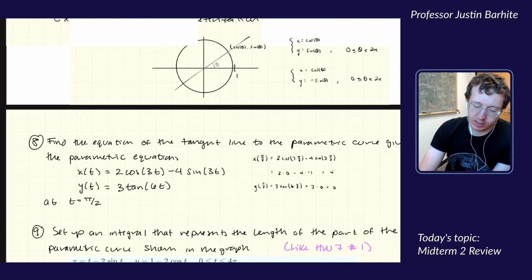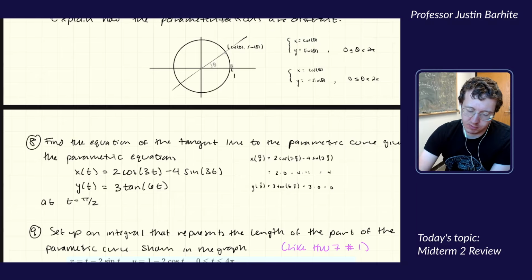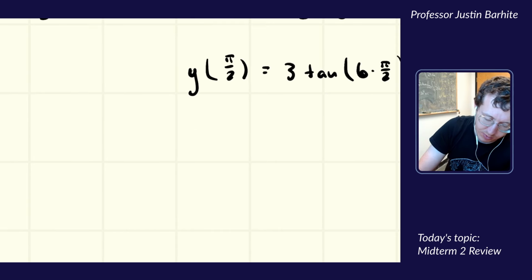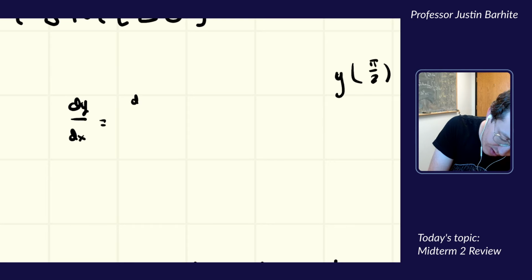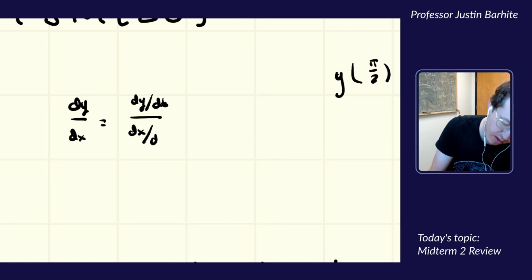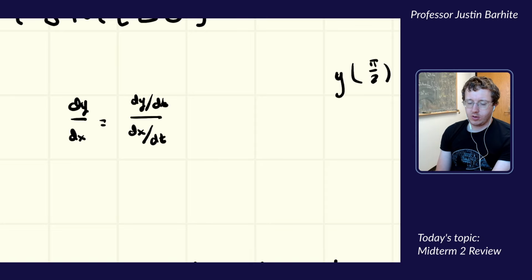We also need to find the slope of the tangent line, which is given by the derivative. And the way that we find the derivative with a parameterization is, well, we're looking for dy/dx. And we find that by computing dy/dt and dividing it by dx/dt.